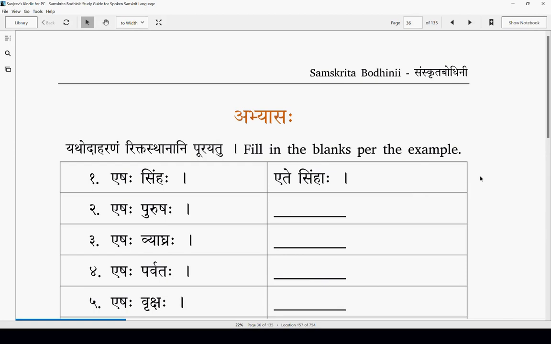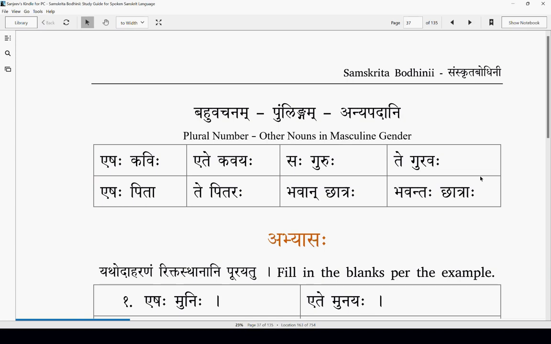Now, in our day-to-day usage, there are many other words we also use in Pullinga, and they don't all end in a. There are many common words ending in different other sounds, like Kavi.